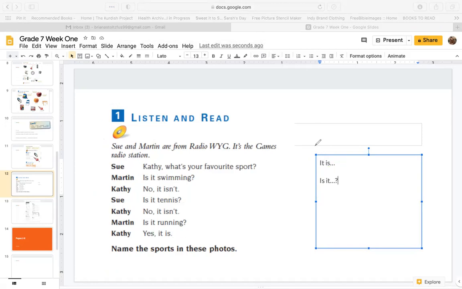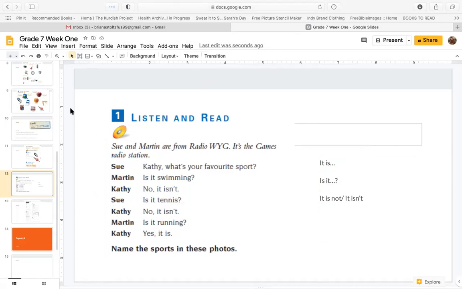And if I want to make it negative, I say, it is not or it isn't. Both are correct, but we generally say it isn't. Okay, so that's a little review and a little hint at what we will study next week.